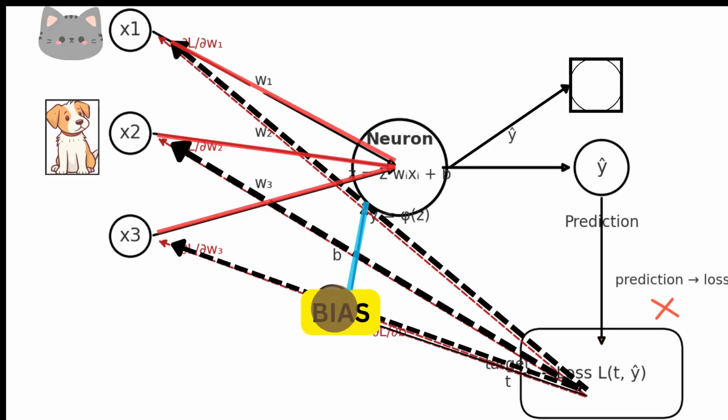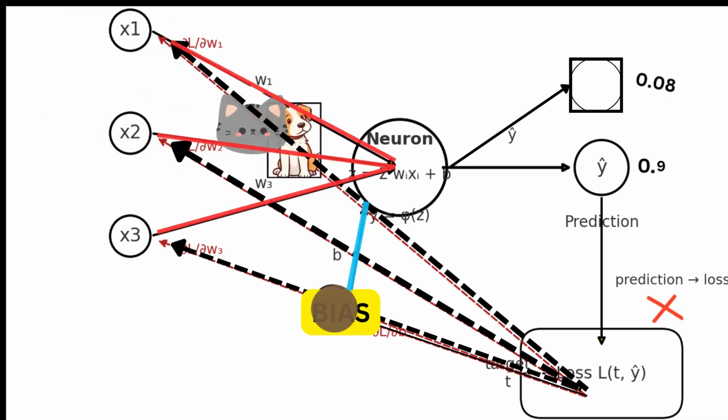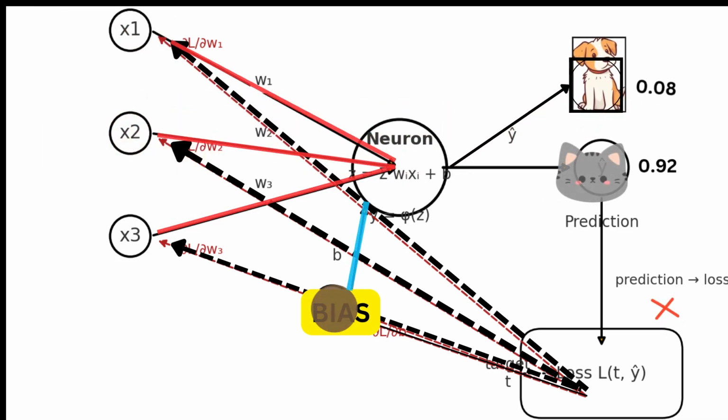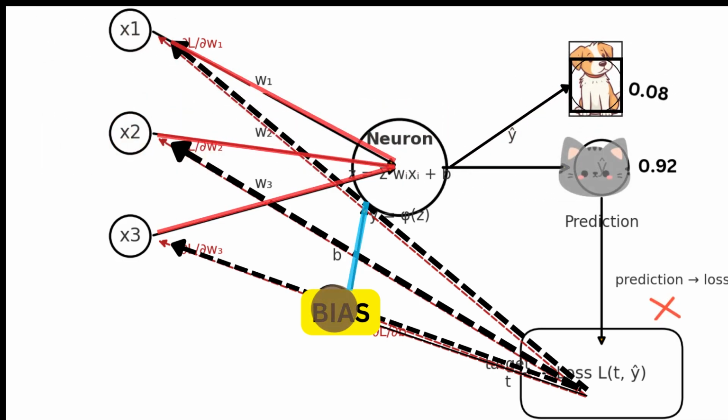In our cat versus dog classifier, we might have two neurons in the output, one for cat and one for dog. If the final result is cat, it should have a value like 0.92. If it is a dog, it will have a value like 0.08. Boom, the network says the image is 92% likely to be a cat.